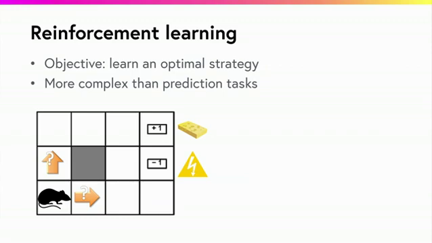The objective of the agent is to maximize the reward, to reach cells associated with a reward as often as possible, and to avoid cells associated with a penalty as often as possible. The actions that lead to reward are reinforced, hence the term reinforcement learning.